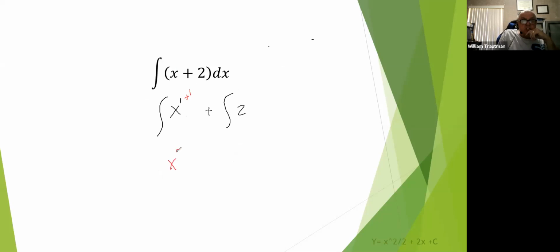I end up with x squared, and then you put this new power 2 in the denominator. Integrating a constant changes to x. And the 2, don't forget, you can put that 2 over here, and you're integrating 1, which is just x. And then don't forget, at the end of integration, you always put this constant at the end.